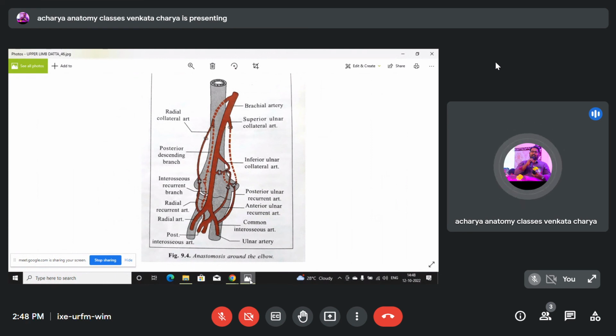The transverse branches anastomose with each other.